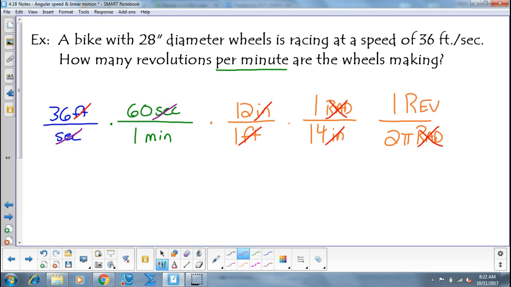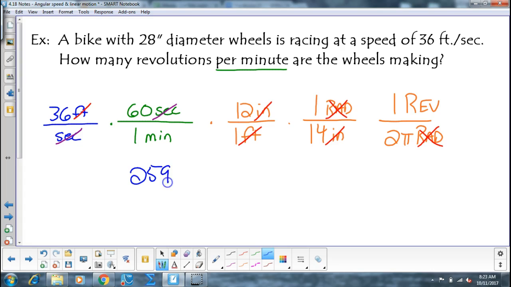On top, I get 12 times 60 times 36, which gets me 25920. On the bottom, I've got 28 pi.